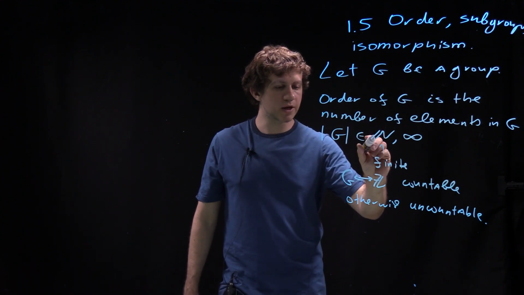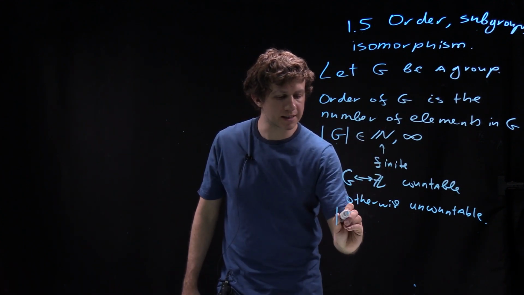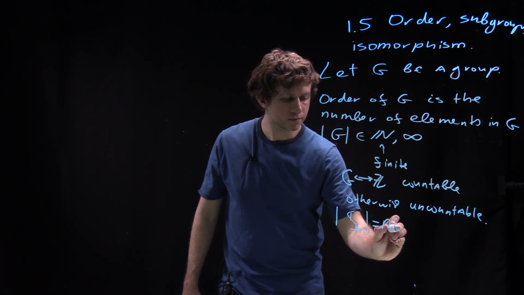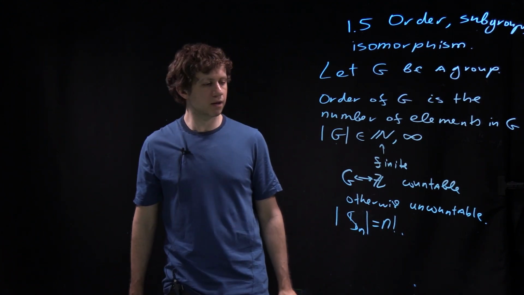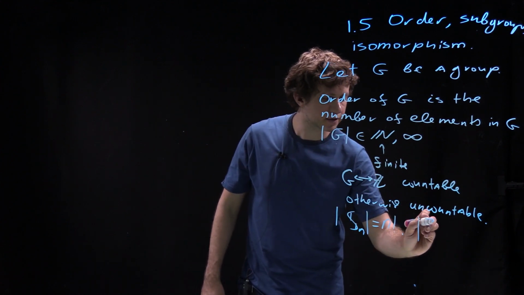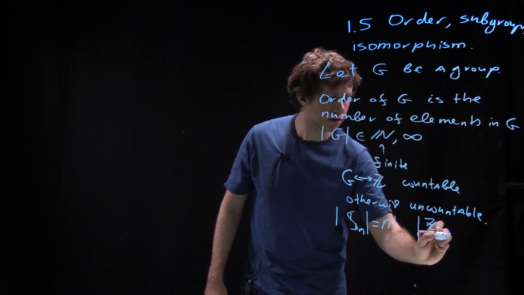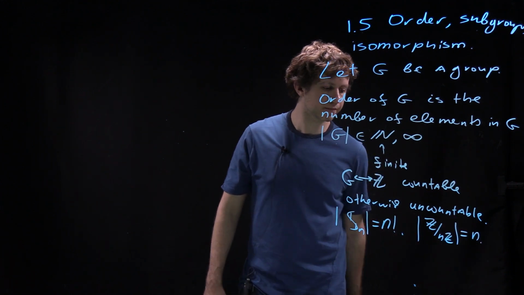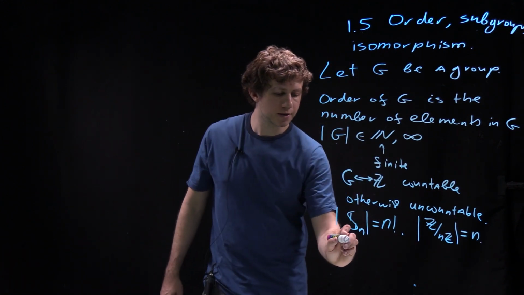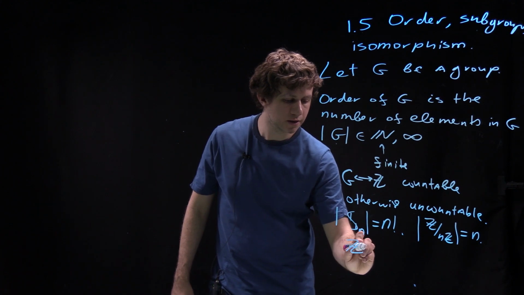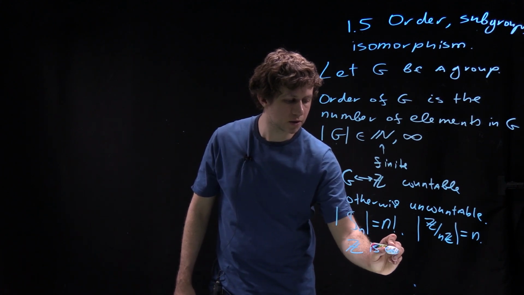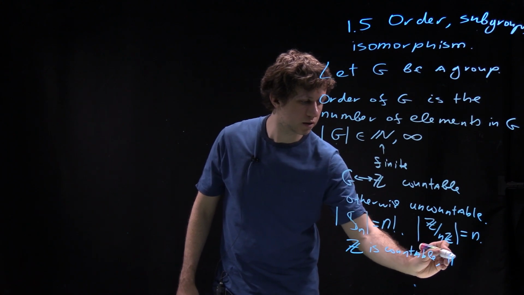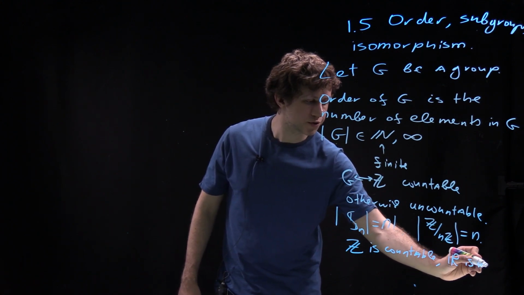And then we had, for instance, this cardinality of Sn equals n factorial, the fact we discussed, and cardinality of Z over nZ equals n. And Z is countable, but R is not.